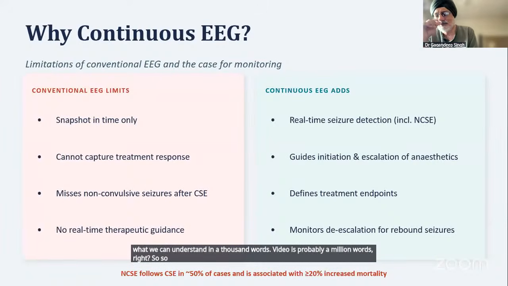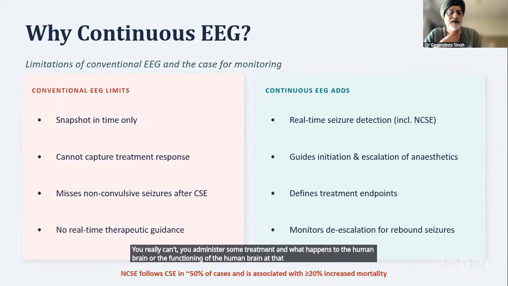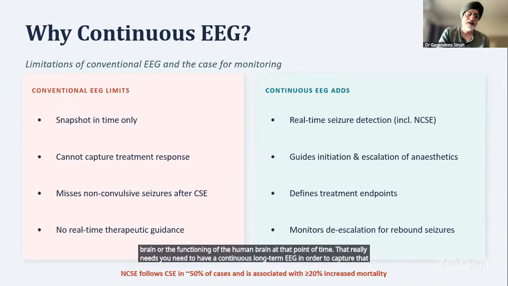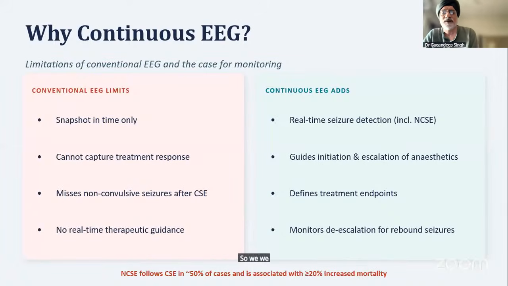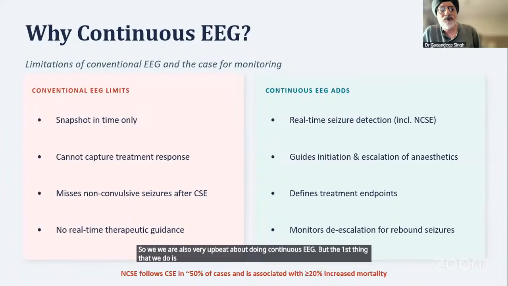You administer some treatment, and what happens to the functioning of the human brain at that point of time, you need a continuous long-term EEG in order to capture that, right? We are also very upbeat about doing continuous EEG, but the first thing that we do is to read that first 1 hour of EEG very quickly, right?